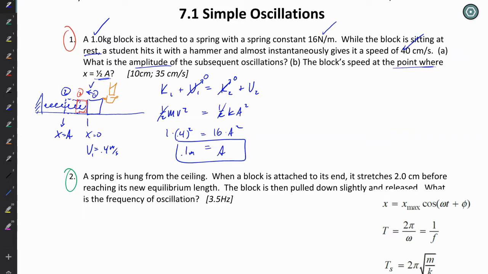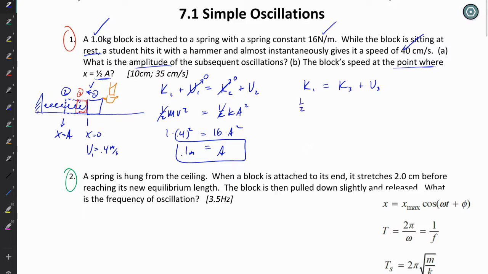So whatever the total energy is, though it remains constant, at that moment it is going to be both kinetic and spring potential energy. So I'm going to start with the kinetic energy at point 1, which we know, and that's going to be equal to the kinetic energy at point 3 plus the spring potential energy at point 3.